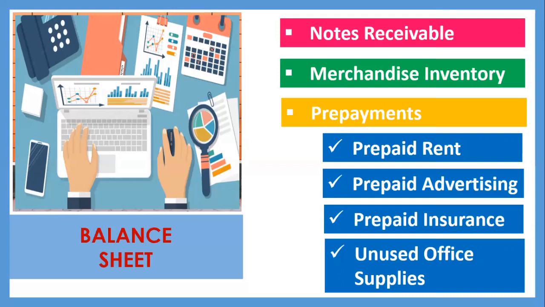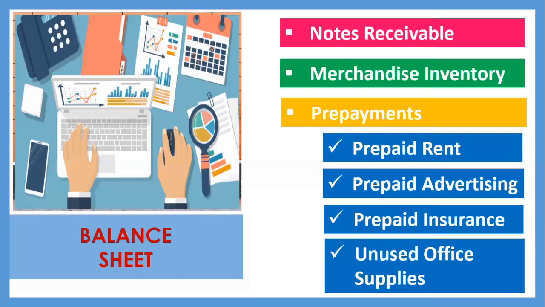And next, we have prepayments. If we say prepayments, this refers to advance payments made by the company. For example, the company paid rent in advance for 1 year, and the advance payment is called prepaid rent expense.